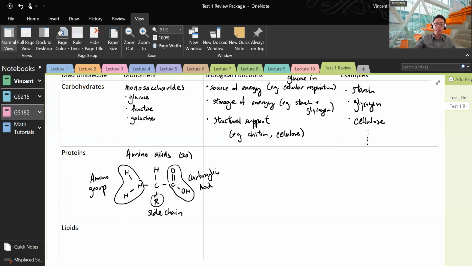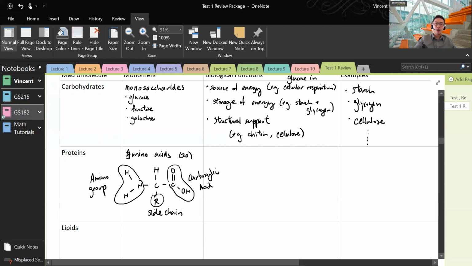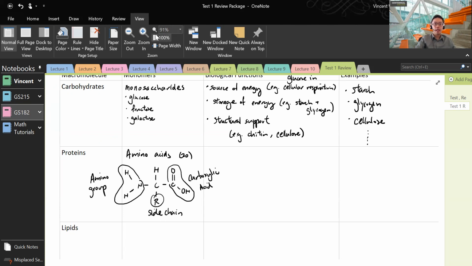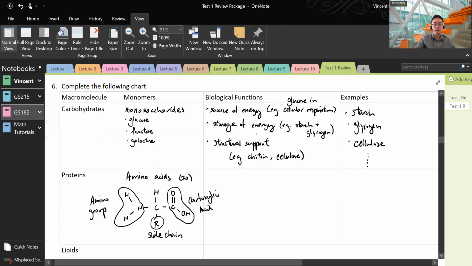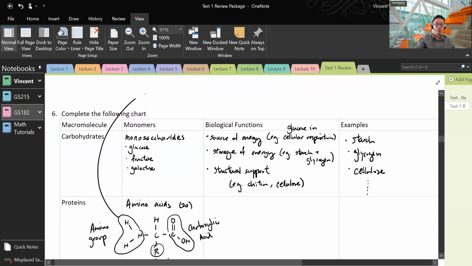So once again, my question is, if I ask you to describe what a peptide bond is, how would you answer? Okay, I'll do it. Where should I put it though? I'll put it up here.